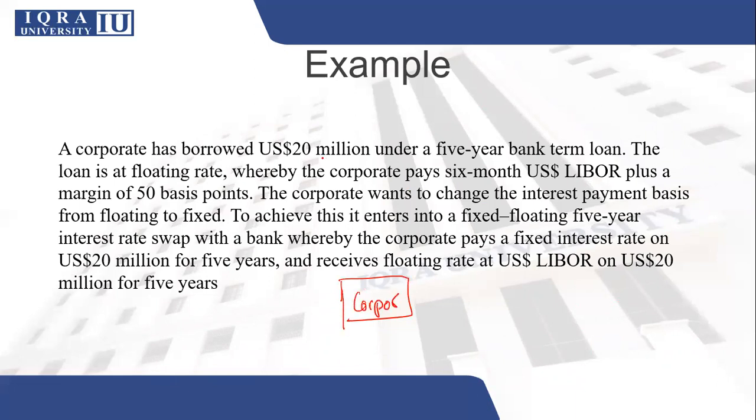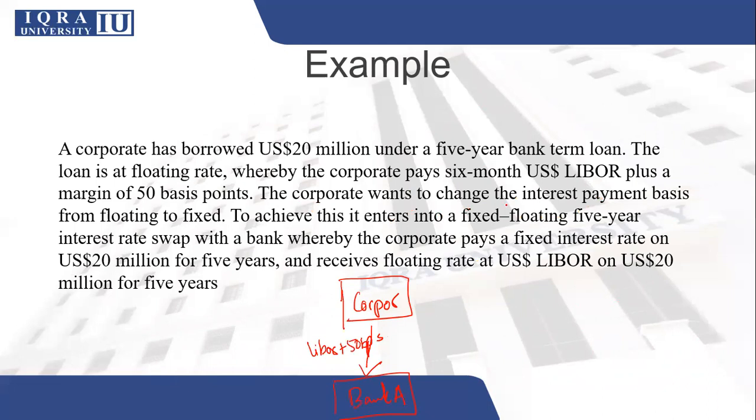The loan is a floating rate whereby the corporate pays 6-month US dollar LIBOR plus a margin of 50 basis points. So over here, it is paying LIBOR plus 50 basis points to some person from which it has taken the loan. So it's maybe a bank, we'll call it bank A.